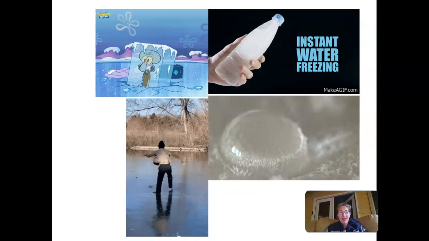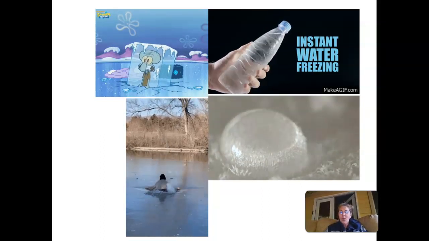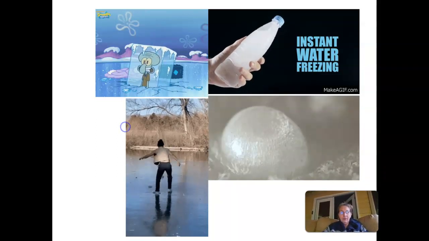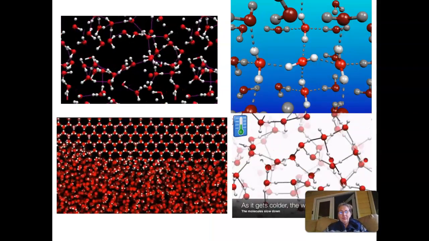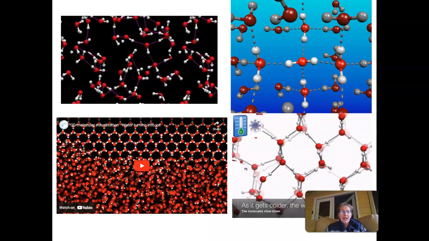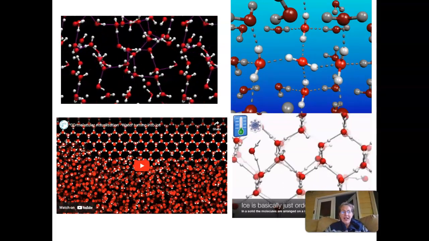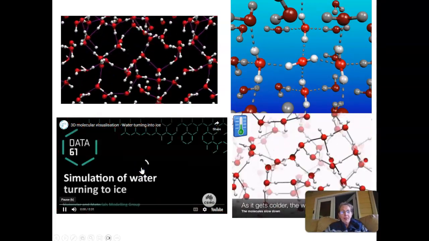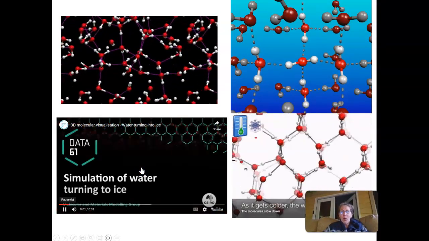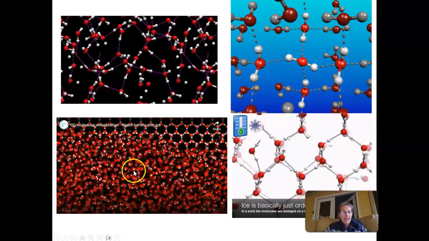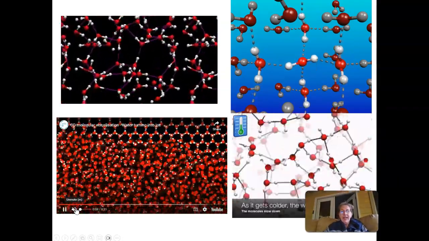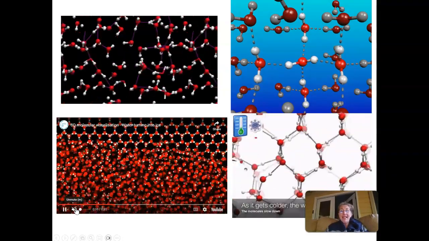So you have some GIFs illustrating water freezing. So I'm going to play the animation down on the left. One of the unique properties about water is that when it becomes a solid, it becomes less dense.